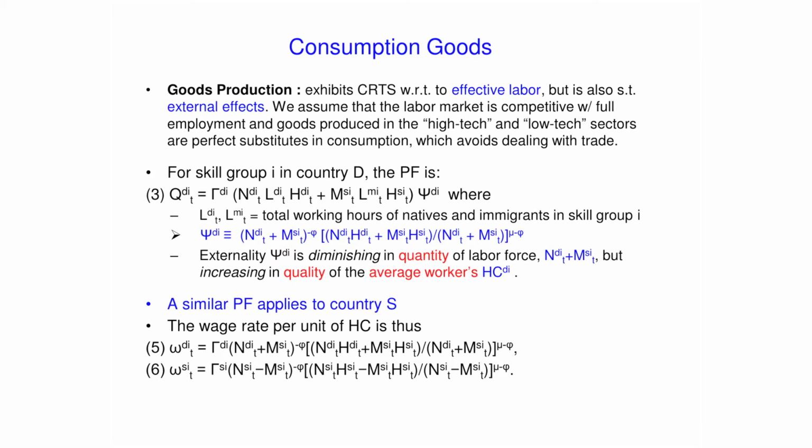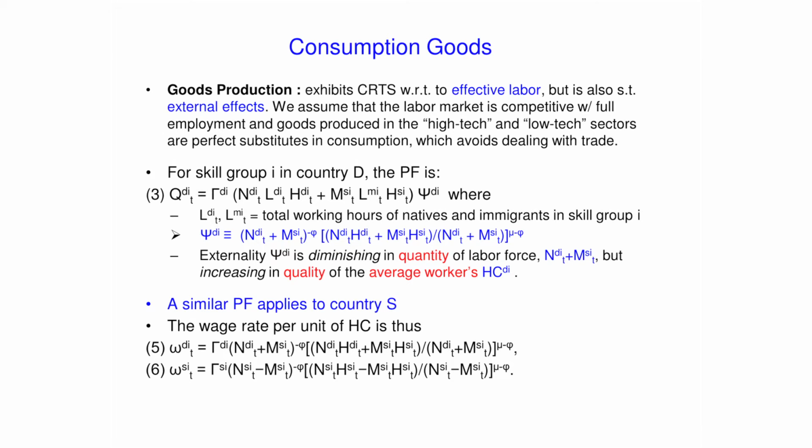I guess if the two groups are perfect substitutes in production, then production could be subject to constant returns to scale in the aggregate of both natives and immigrants. But we want to give rise to a particular negative external effect that results simply from rising quantity of migrants as opposed to quality of migrants. So that is essentially what's included in that total external effect in production.